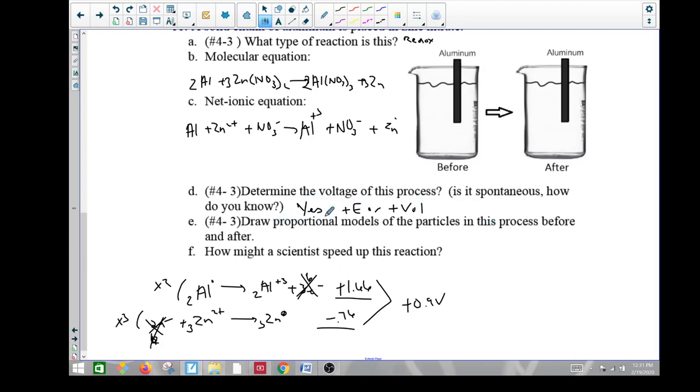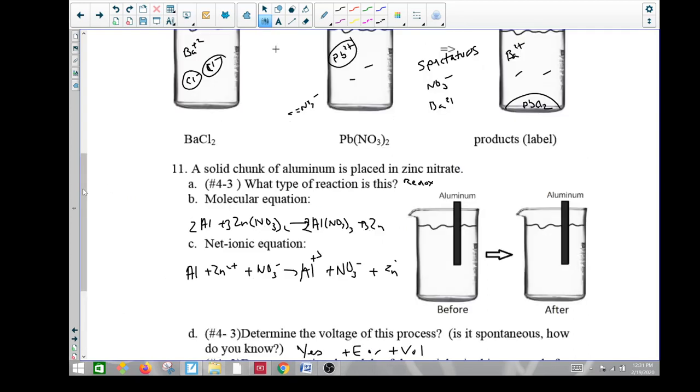Draw proportional particles of each process. Okay, so let's try this out here. To get this to run, I need to have 3 zincs and 2 aluminums is my ratio. So I have to have zinc 2+, zinc 2+, zinc 2+.